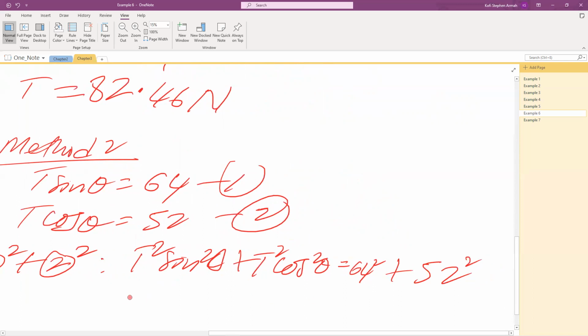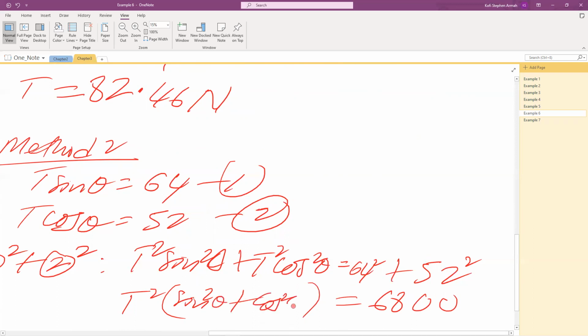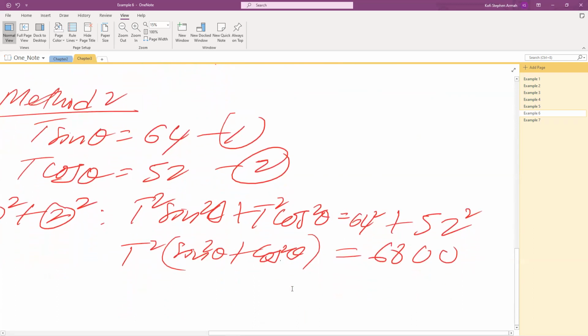And then of course you factorize. Let me check what 64 square add 52 square is. This is like 6800. And this will be your sine square theta plus cosine square theta, and we know that is 1. So you're getting t square equal to 6800.